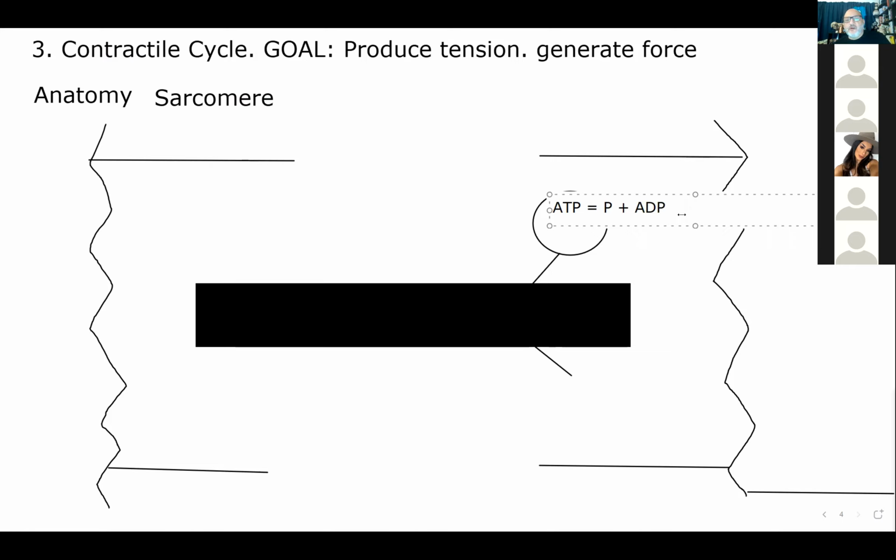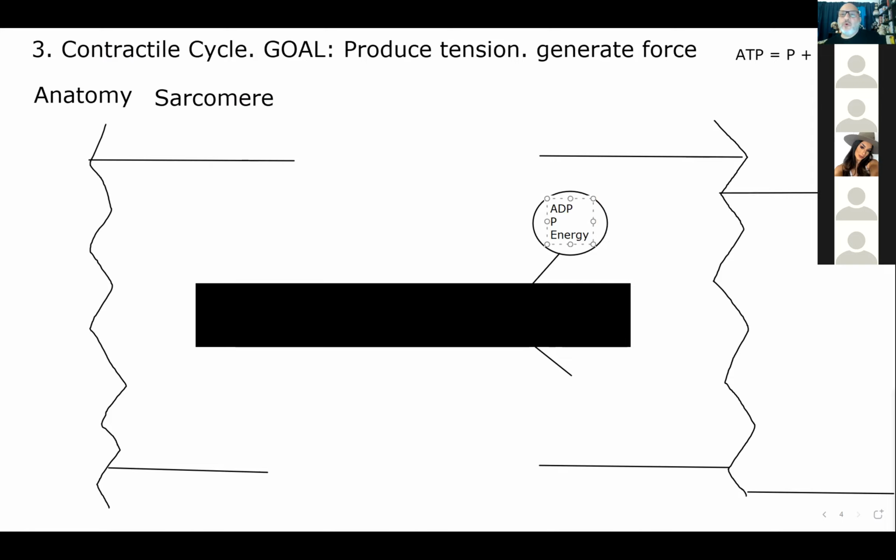And so that's what our myosin head does. It's going to take that ATP, rip the phosphate off so that it has ADP and phosphate. And remember, when it does that, it releases a tremendous amount of energy.